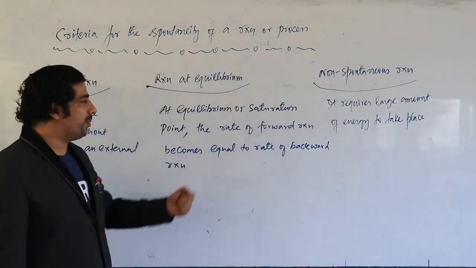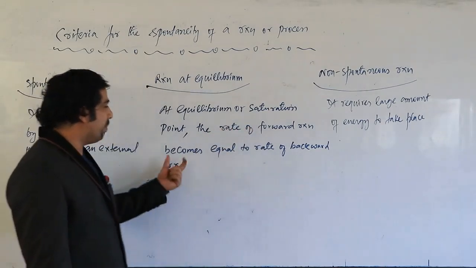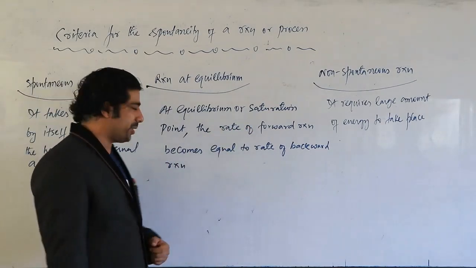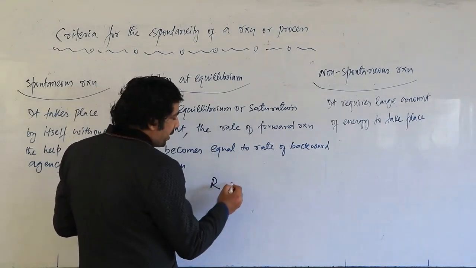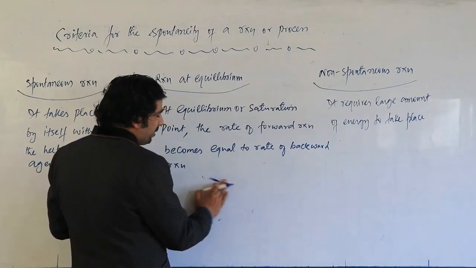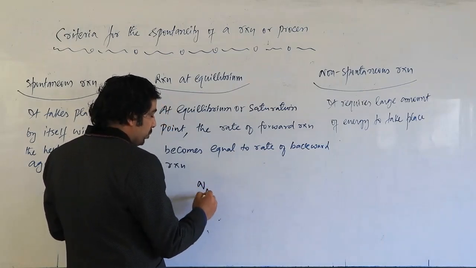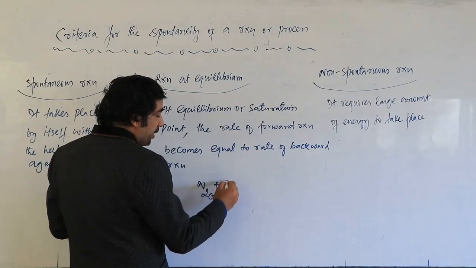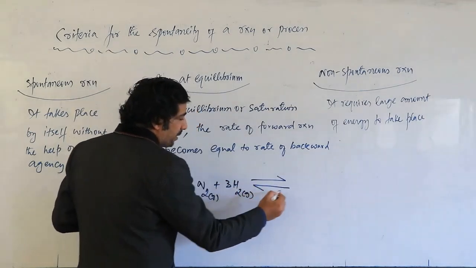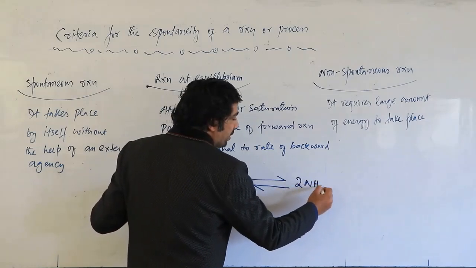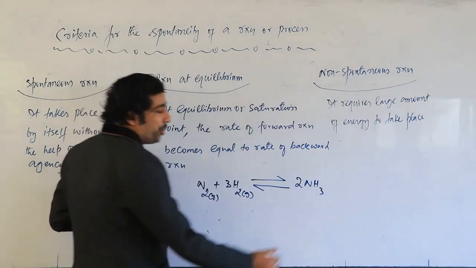What is happening at equilibrium? The rate of forward reaction becomes equal to the rate of backward reaction, which means, look here, the reactant will change into the product. Or let me take one actual example here. Let's suppose we have nitrogen gas. It interacts with 3 times hydrogen gas. And now look here, my dear friends. It gives 2 times NH3, ammonia gas.